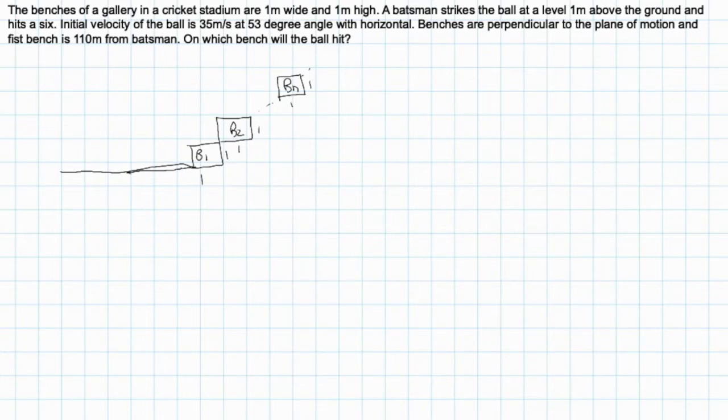And a batsman strikes a ball from this height, 1 meter high, and hits a 6 with initial velocity 35 meters per second and an angle of 53 degrees. So let's say that it strikes the bench here, and this distance is given as 110 meters.